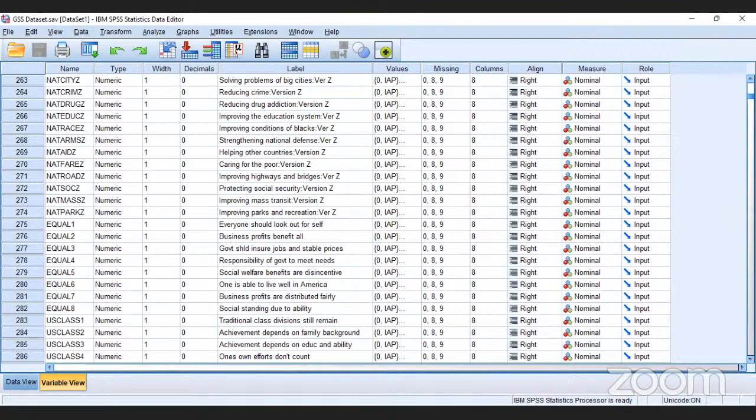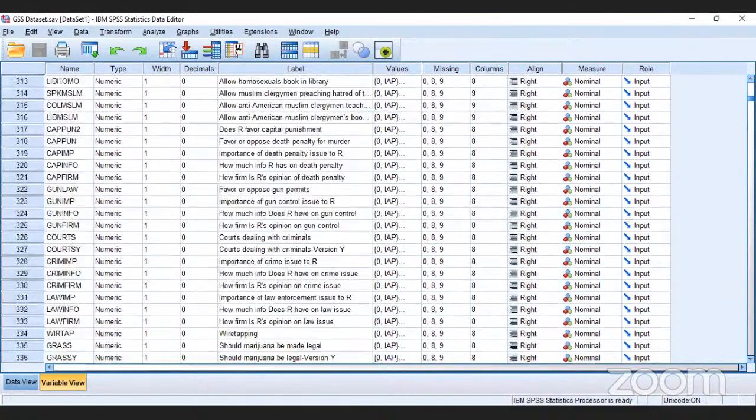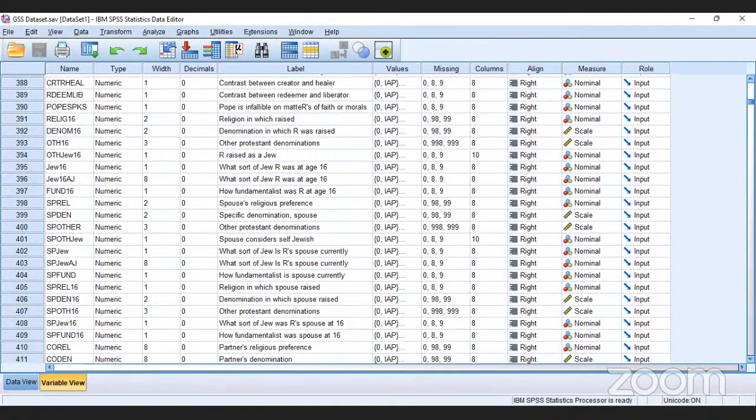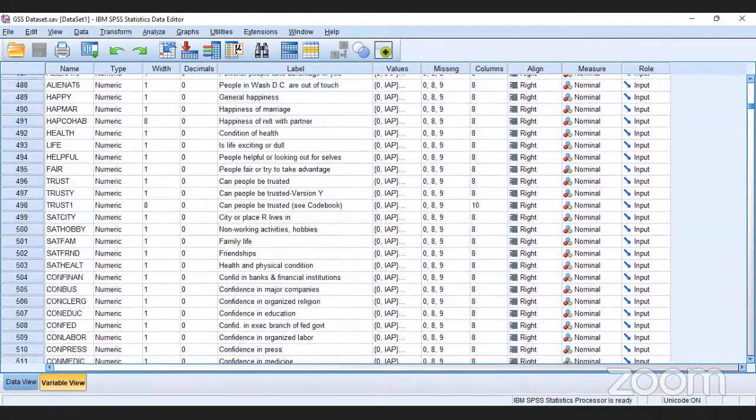They're asking about drug addiction, improving highway bridges. There are so many things. There is one on a controversial topic that I wanted us to look at.